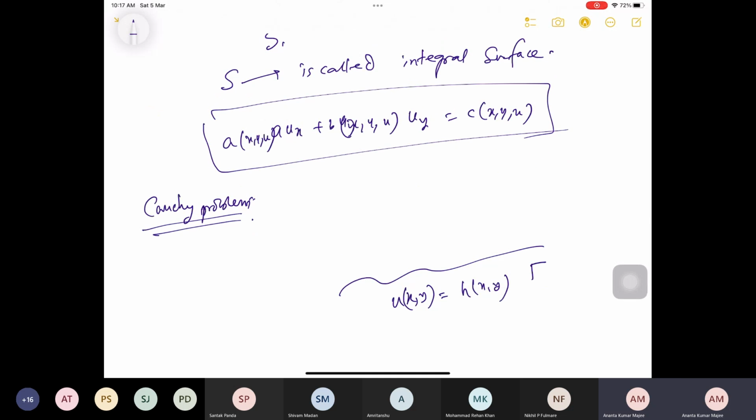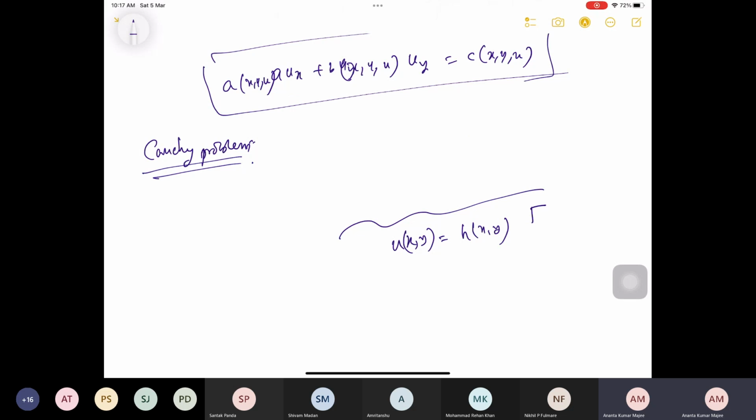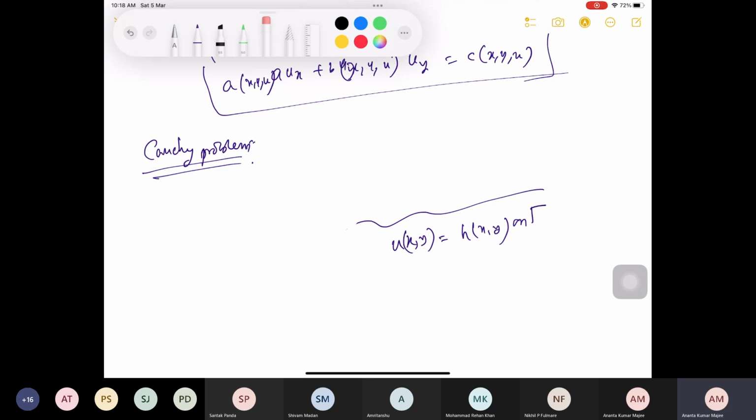In what sense? Such that it is given to you that u of x, y is equal to h of x, y on some curve gamma, and I want to find a solution u such that it satisfies your Cauchy linear PDE in a neighborhood of gamma.